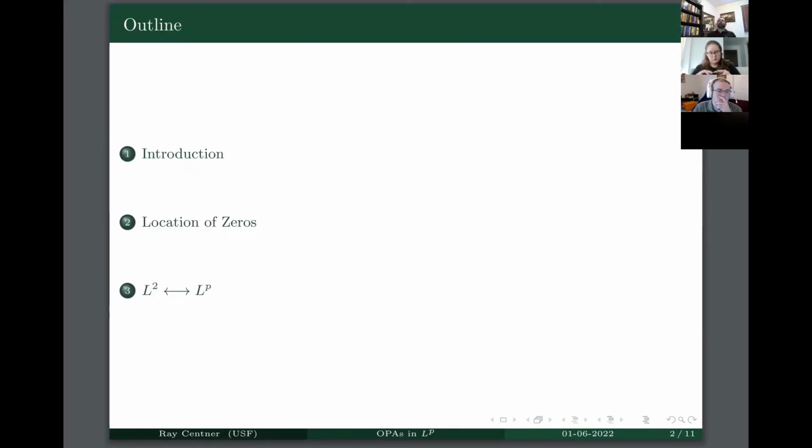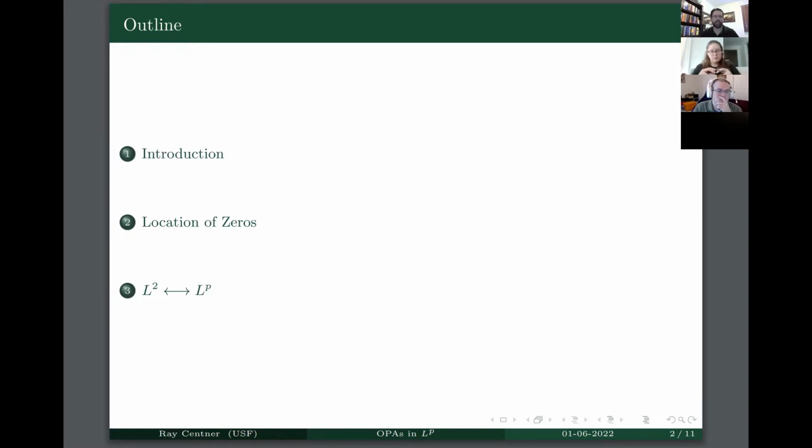For this talk, I broke it into three sections. The first section is an introduction. I just want to lay down some basic definitions and the motivation for why I chose this project. In section two, I want to talk about some results regarding the zeros of these polynomials.